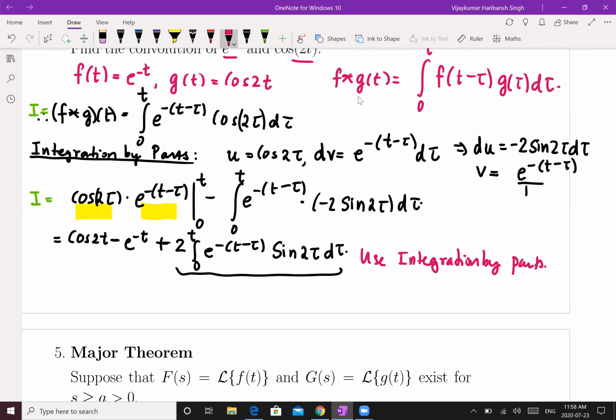In that case, we'll have u equals sine 2 tau, dv equals e to the power minus t minus tau d tau. So this implies du is 2 cos 2 tau d tau, and v is going to be the same, e to the power minus t minus tau.